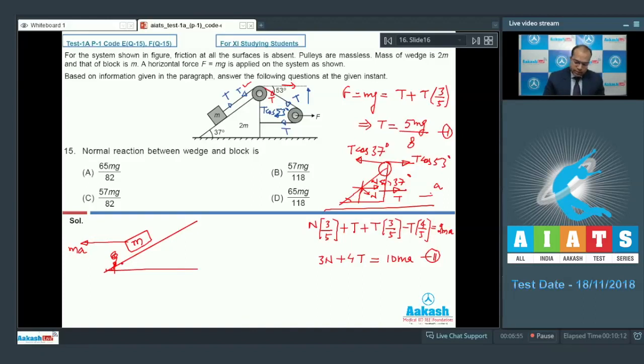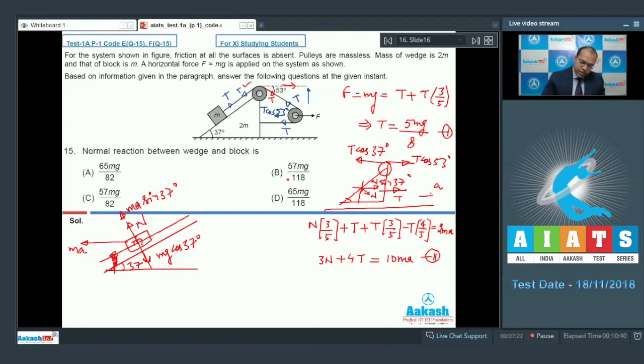Since this angle is 37 degree, the component of ma in this direction will be ma sin 37 degree, and normal is acting in this direction, and the component of mg in this direction will be mg cos 37 degree. With respect to this observer, who is in the non-inertial frame, the block is moving along this line.